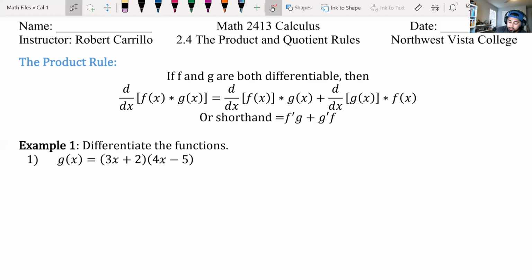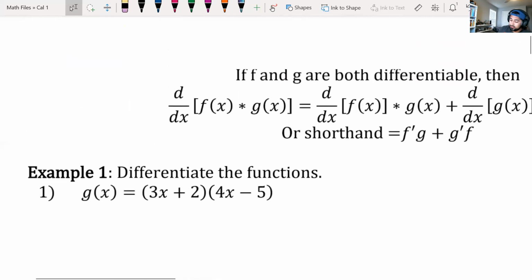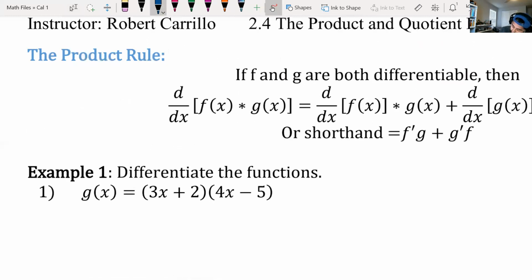Okay. So when we do the product rule, of course, we're going to label our functions f and g. This function, 3x plus 2, will be f. And this function, 4x minus 5, will be g.